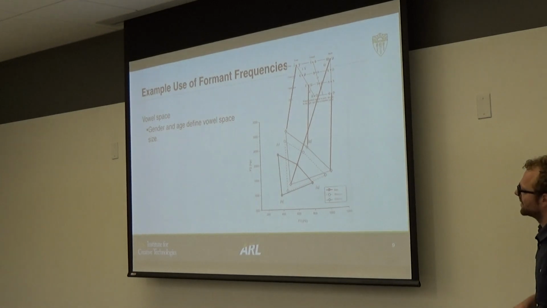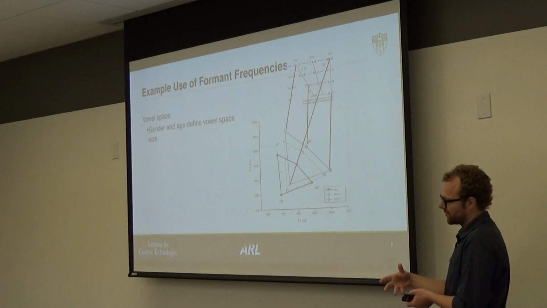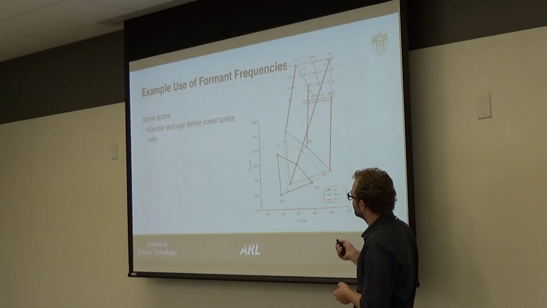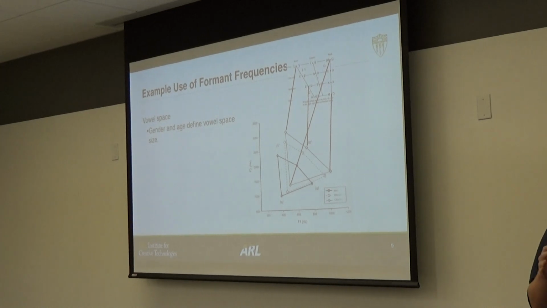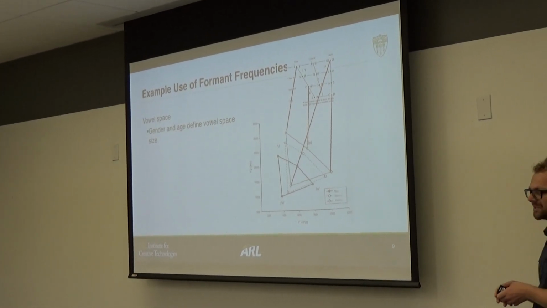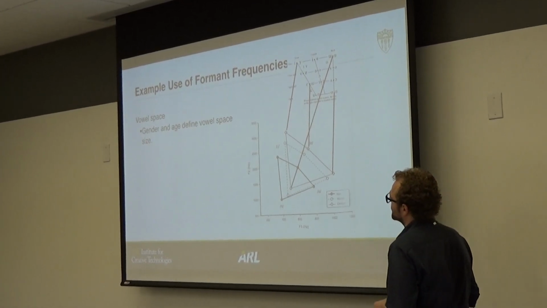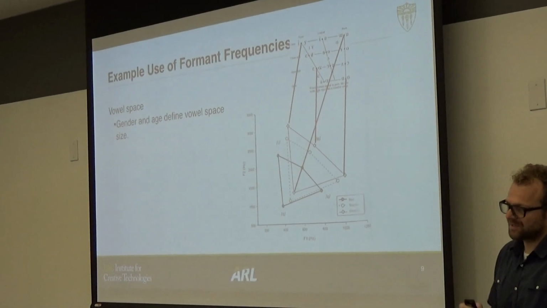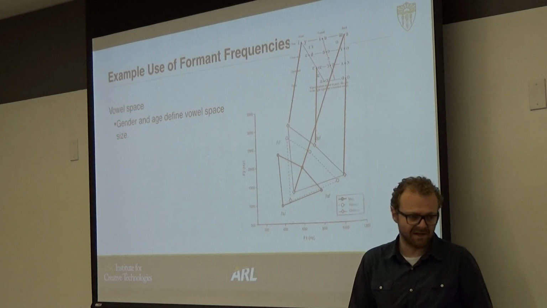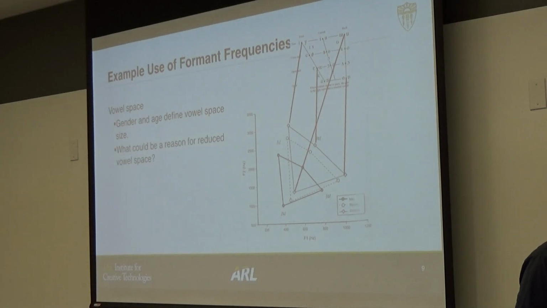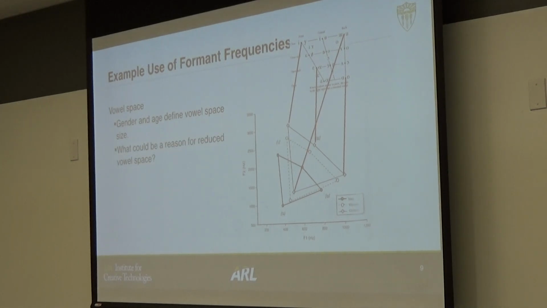Basically, these are the resonance frequencies of our vocal tract. And we identified that this vowel space can be reduced in individuals suffering from depression when compared to individuals that don't.